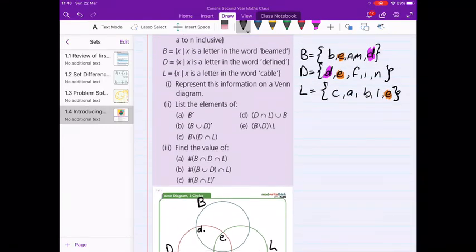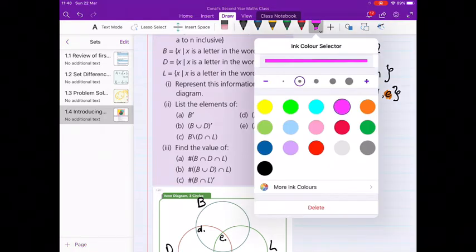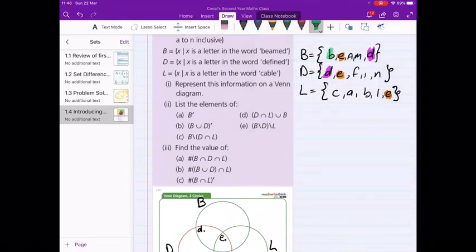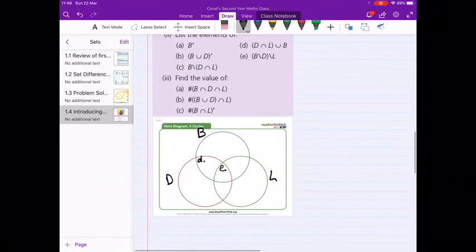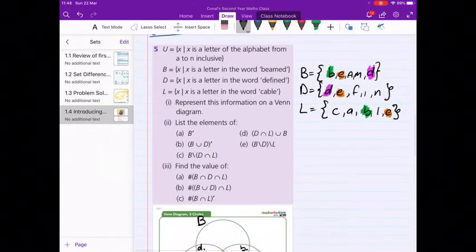Okay. Then we can have a look and see, is there anything that's in B and in L? Well, B is in beamed and B is in cable. So B will go in between B and L. So a B will have to go in there.